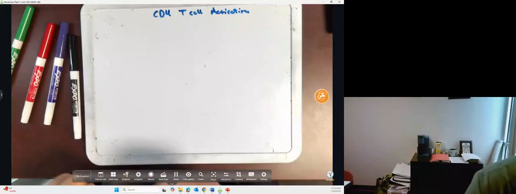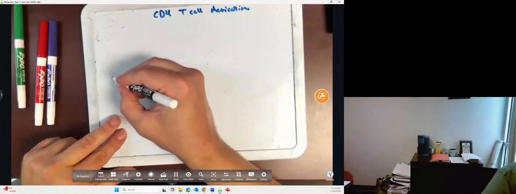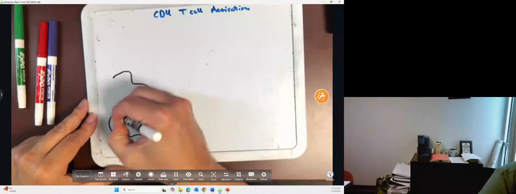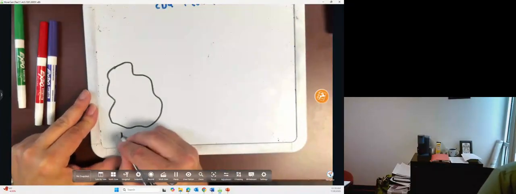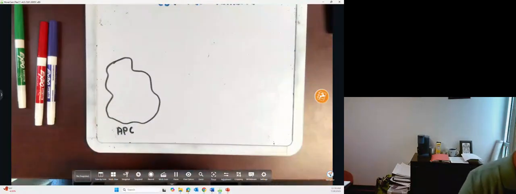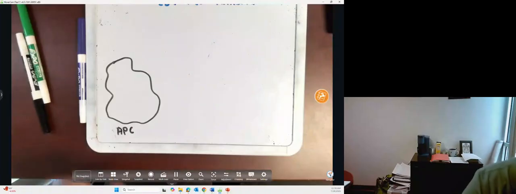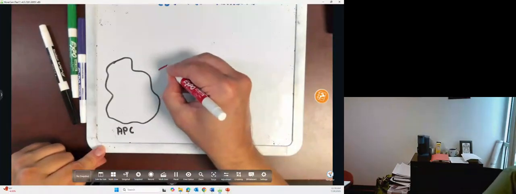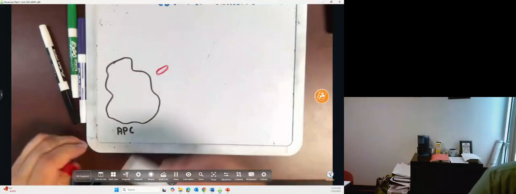Alright, so what we're going to do, we're going to have a macrophage, okay? This is going to be our macrophage, which is an antigen presenting cell, or APC. Now I'm going to go through the whole process. Let's say we have that same bacteria from earlier.